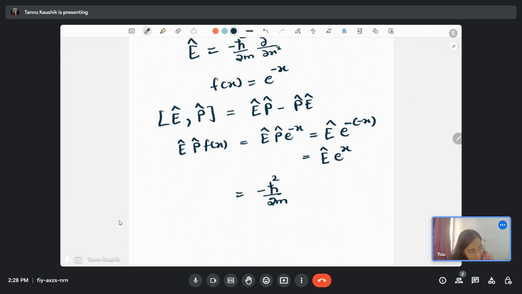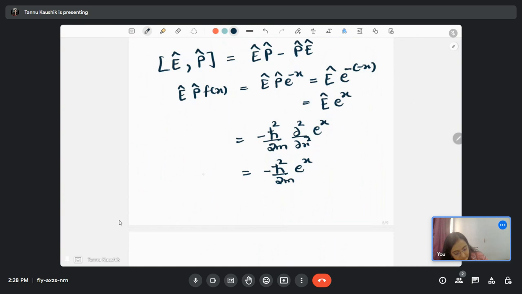We got e raised to x. Now we will operate, so while double differentiating this e^x, what will we get? We will get e raised to x only.